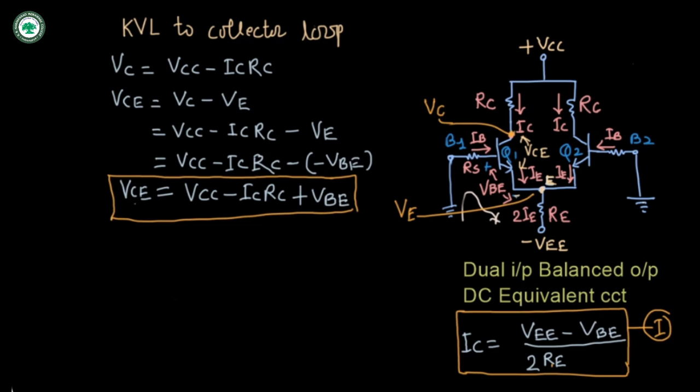In this equation number 2, we have the known values: the positive voltage supply, that is VCC, and the second known value, the base emitter voltage, which for silicon transistors will be 0.7 volts.